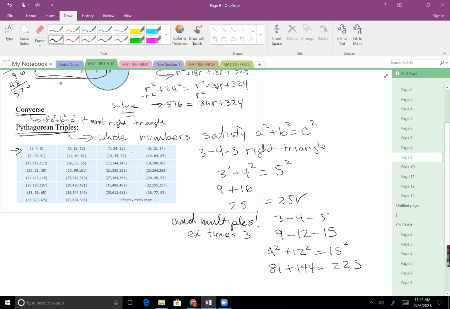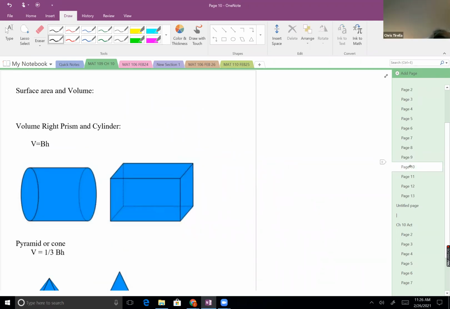Then next page, I think the next two sections of the book deal with surface area and volume. And we're going to first look at volume.